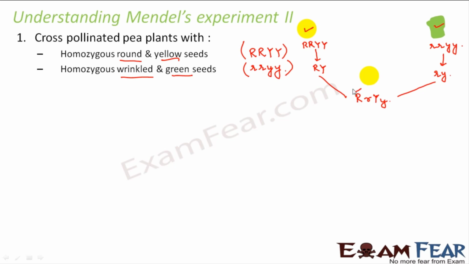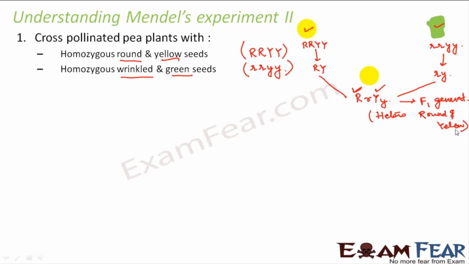This proved that the round and the yellow characters were the dominant traits. It means the round shape of the seed and the yellow color of the seed were dominant. So in the F1 generation he got heterozygous round and yellow.